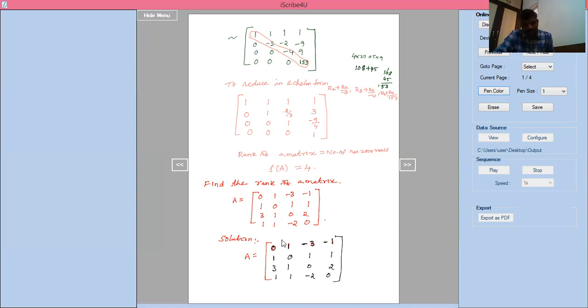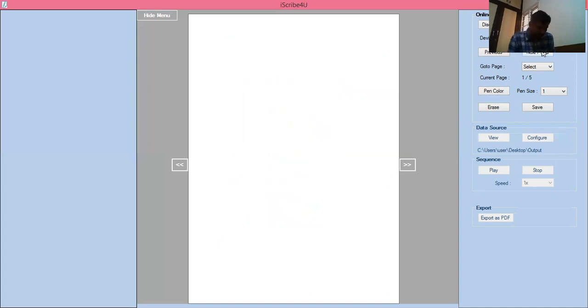In such a case, we will interchange R1 and R2, because here 1 is there, here 0 is there. That's the way I will interchange R1 to R2 and R2 to R1.